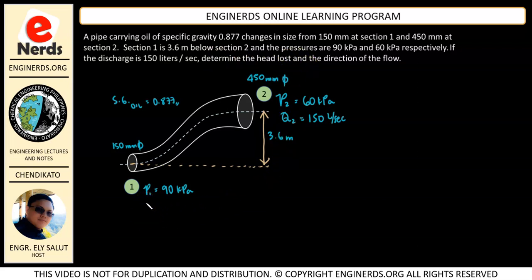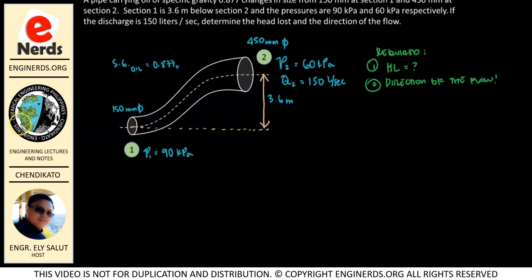Let me write that here. We need to find out our head loss and the direction of the flow. So those are what we need to get. So now, let us start our calculation. So we have our solution right here.